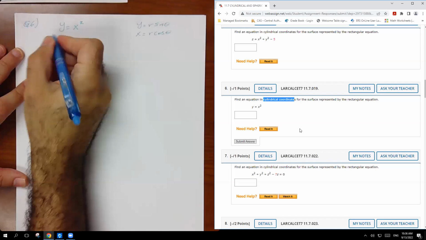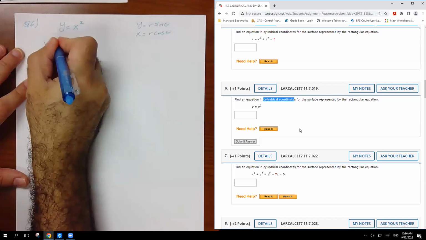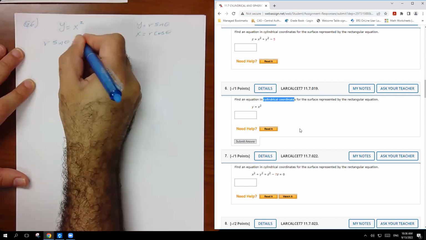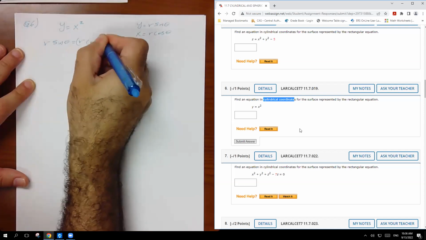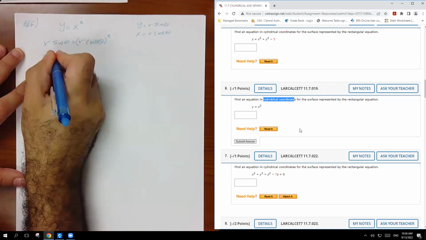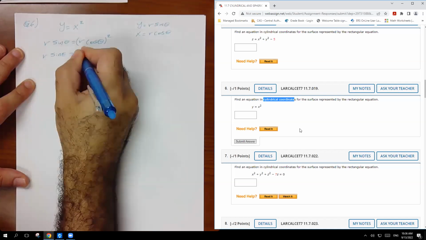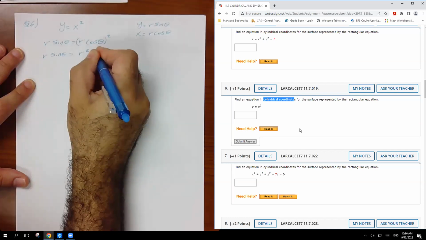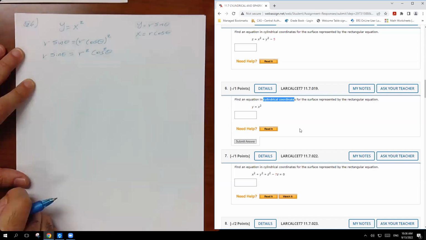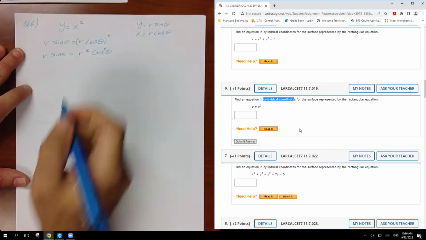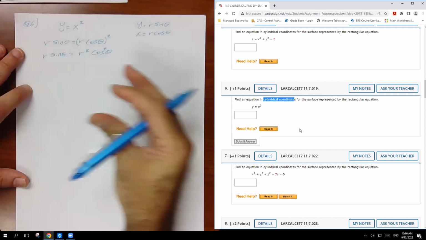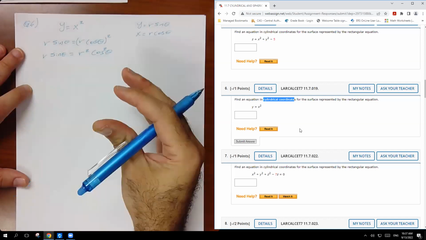That means this side is r sine theta equal to r cosine theta squared. So it's going to be r sine theta equals r squared cosine squared theta. I'm going to square these two terms inside the parentheses. So next step, I need to find r in cylindrical coordinates.